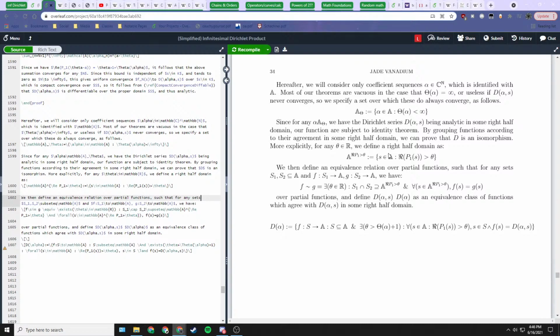So right half domain is defined like this. It's just where the real part of P1 of S is greater than some theta.